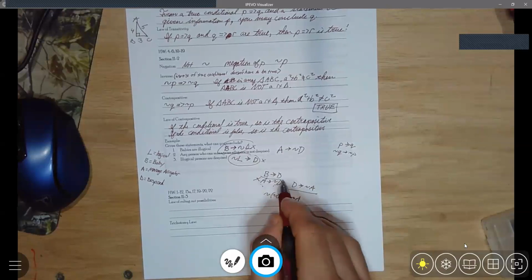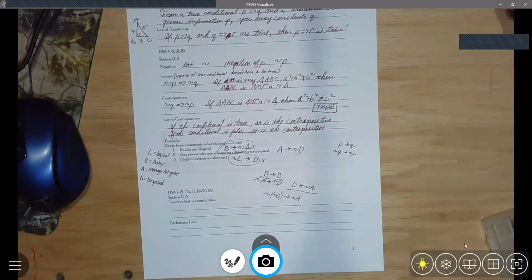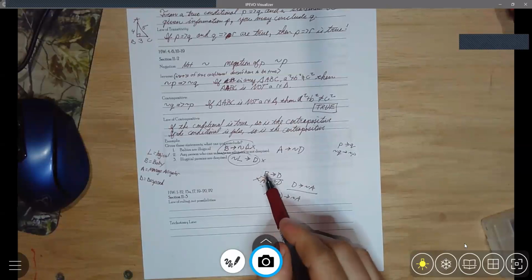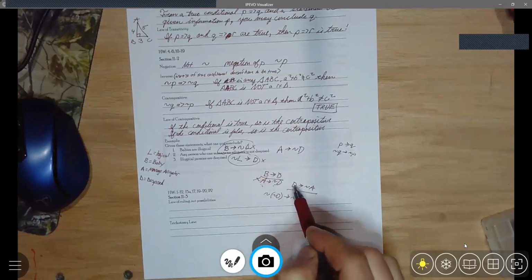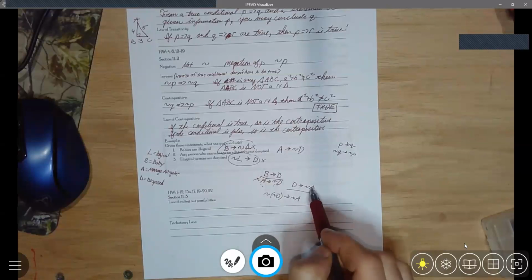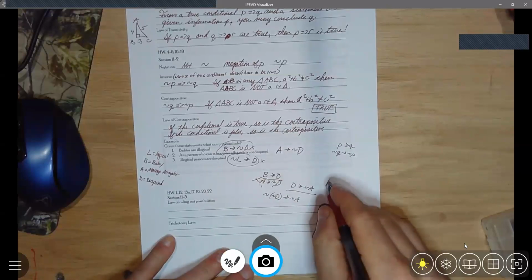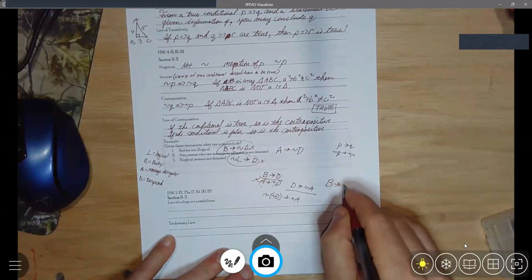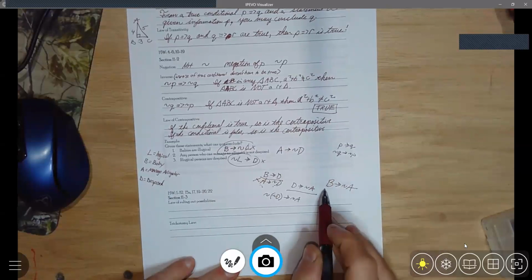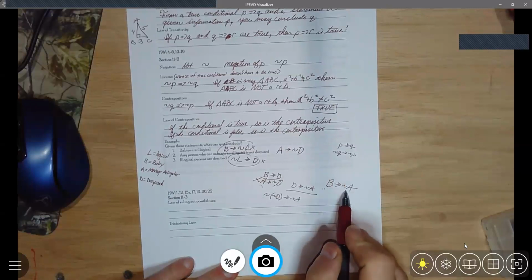So now we're down to these two statements. And if we take a look at that a second, what rule are we going to apply now? The transitive property again, right? Here's your P implies Q, Q implies R, so P implies R. So these two statements are going to combine to give you B implies not A, which means if you are a baby, then you cannot manage an alligator.